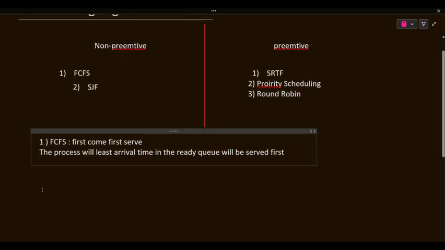And there are some limitations for this algorithm, like it causes starvation.